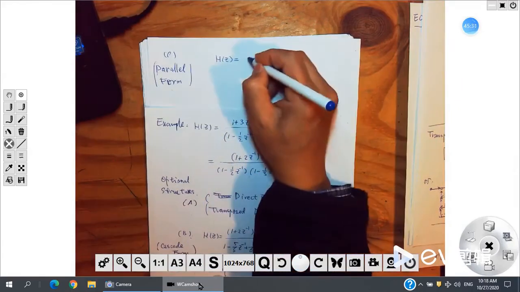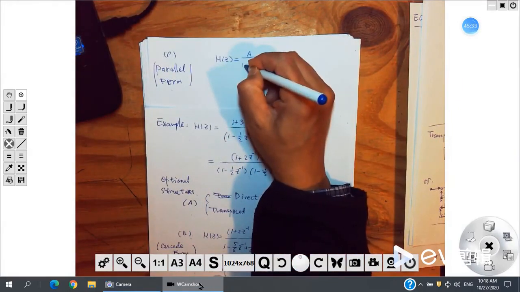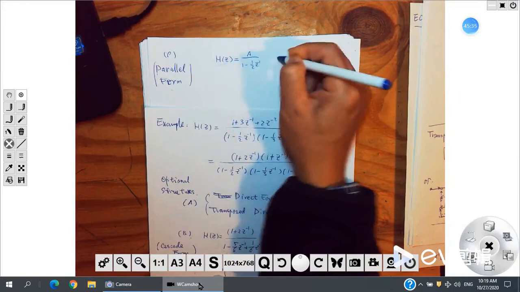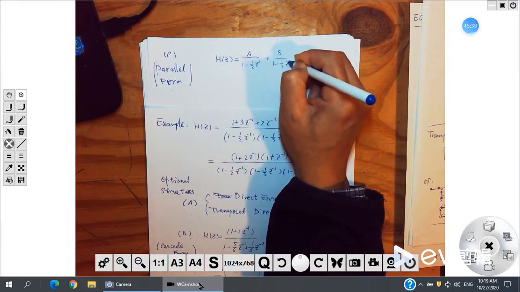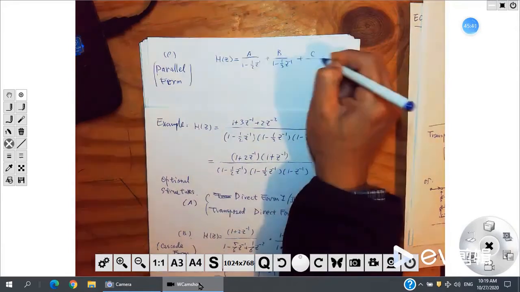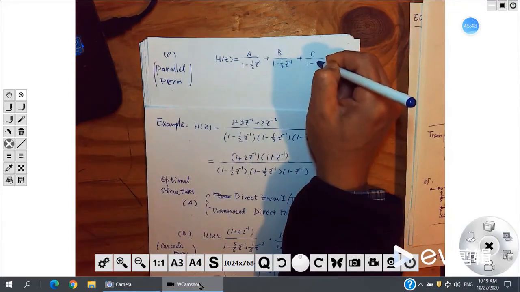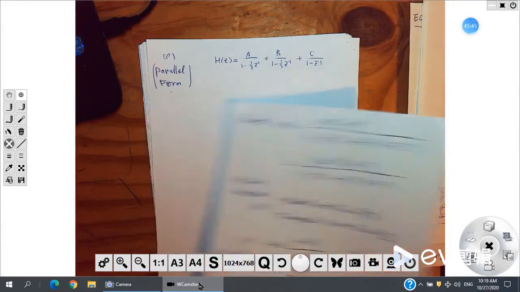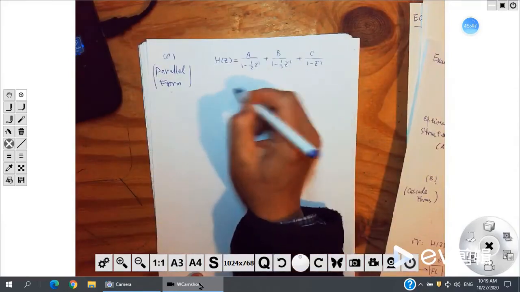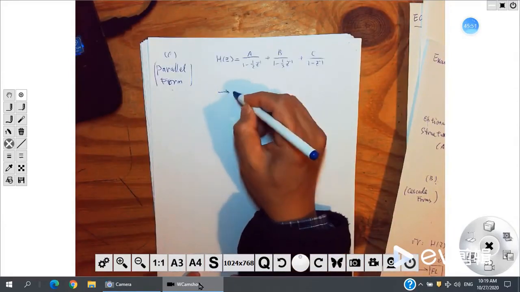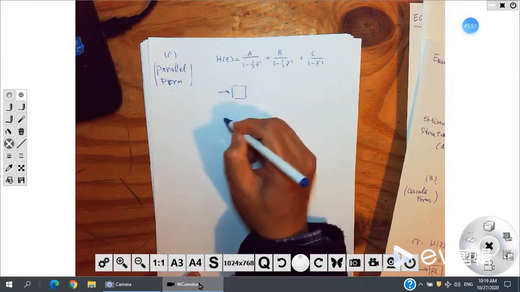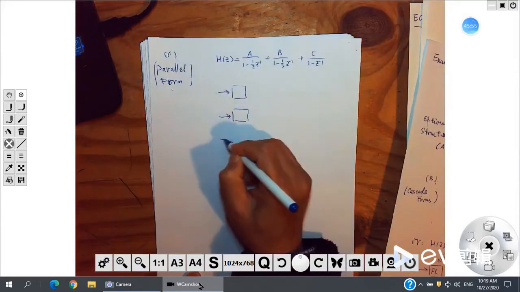So I can have A over 1 minus 1/2 z to negative 1, plus B over 1 minus 1/3 z to negative 1, and plus C over 1 minus z to negative 1. Then I have three parts. Then the structure can be 1 part, 2 part, 3 part.